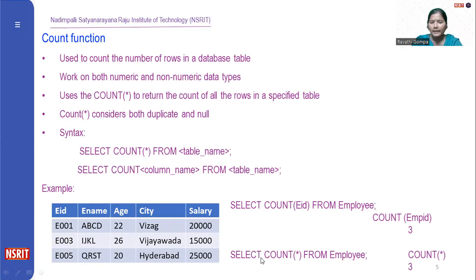Similarly, select count star from employees. The star returns the count of all rows in the specified table. In this table the rows are 1, 2, and 3, so the result is that count equals 3.